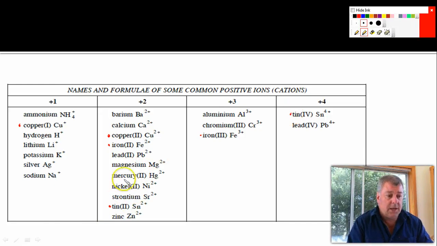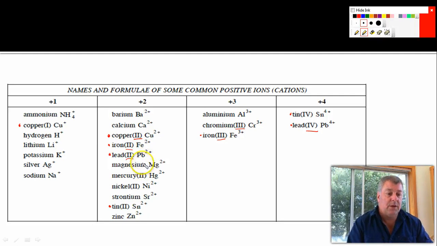Now, can you see a similarity between the ones that I'm highlighting? Hopefully you may have seen that when they have variable charge, they have a Roman numeral after their name, and that Roman numeral corresponds to the charge, and so that's how we identify which ion we're talking about.